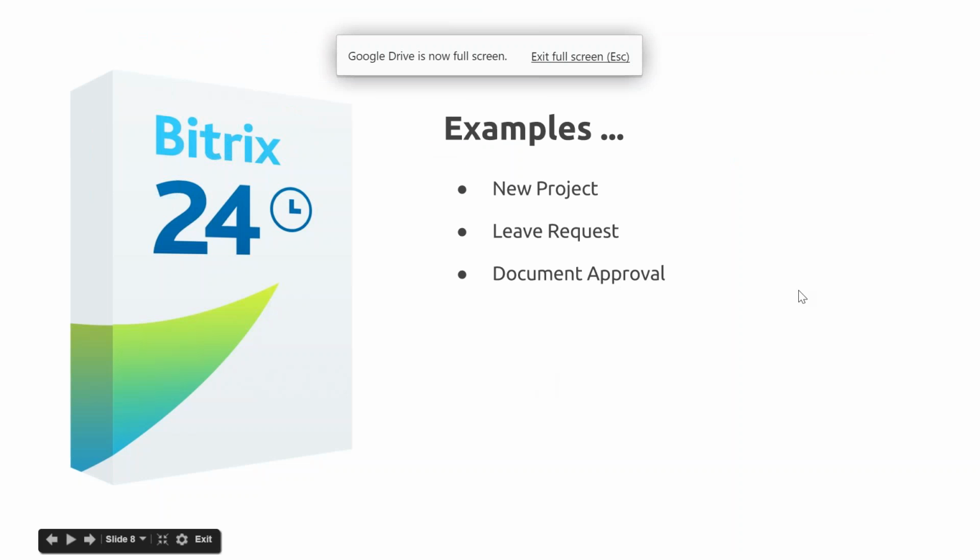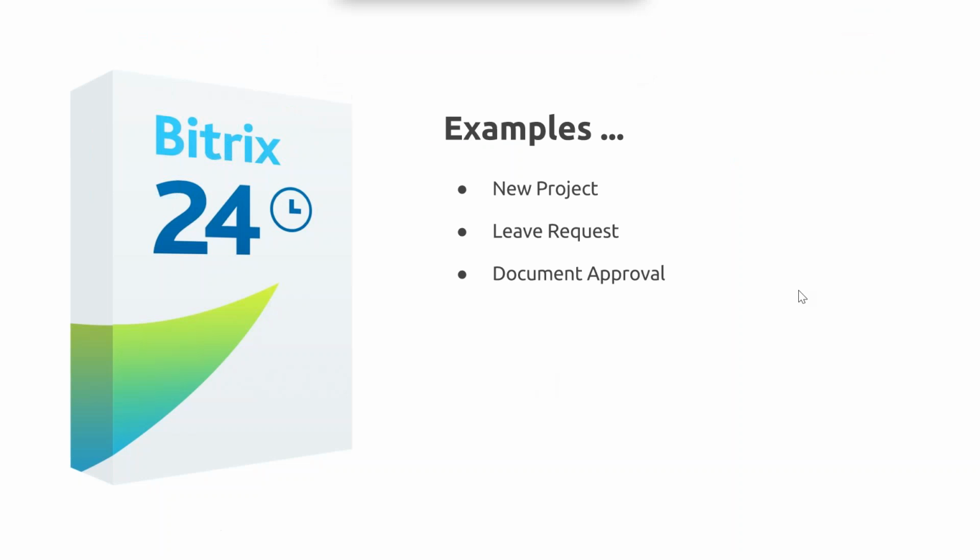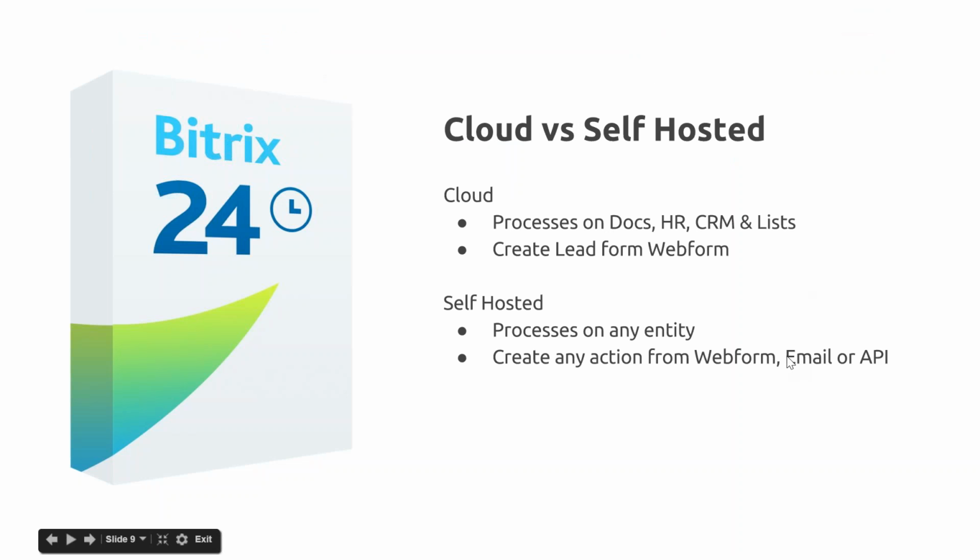Okay, so that's I think 3 quite common examples of processes that give you something to think about. I think we can just look at, to finish up, what the difference between cloud and self-hosted is. There are some differences about what you're able to do. So most of the tools are available for both cloud and self-hosted.